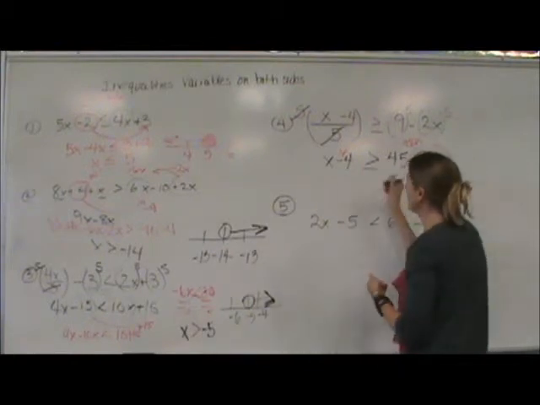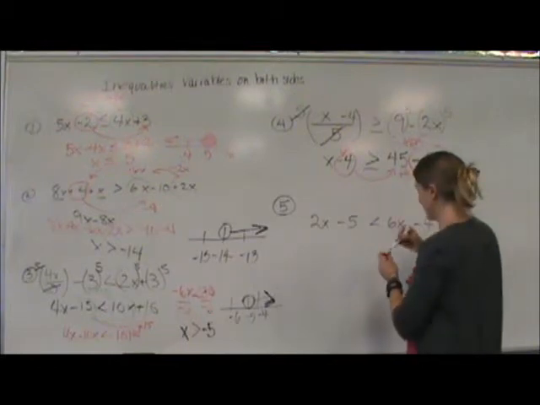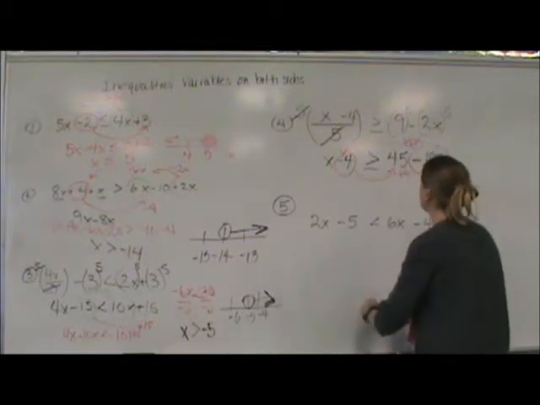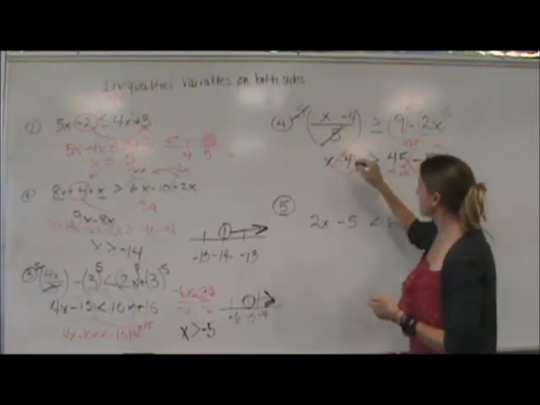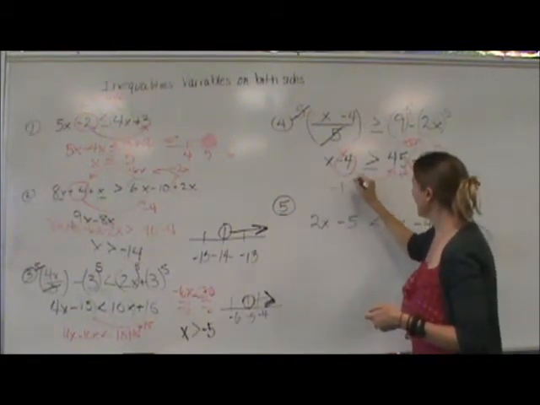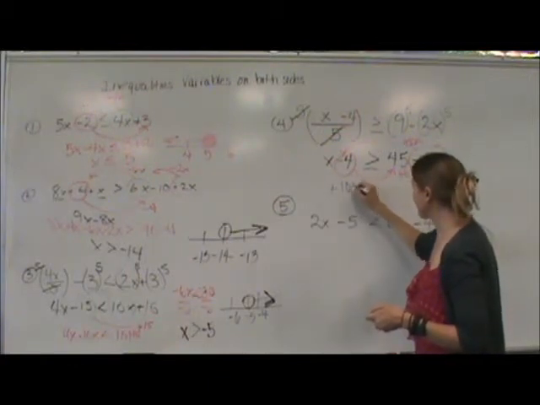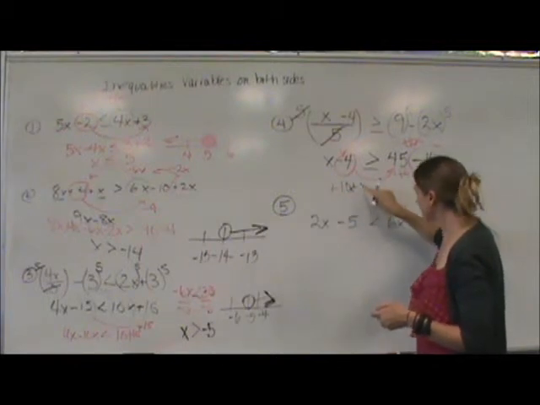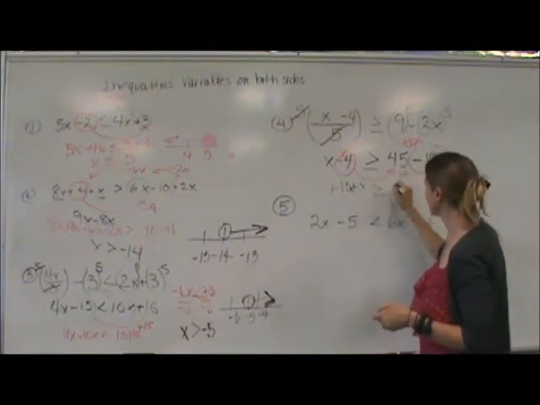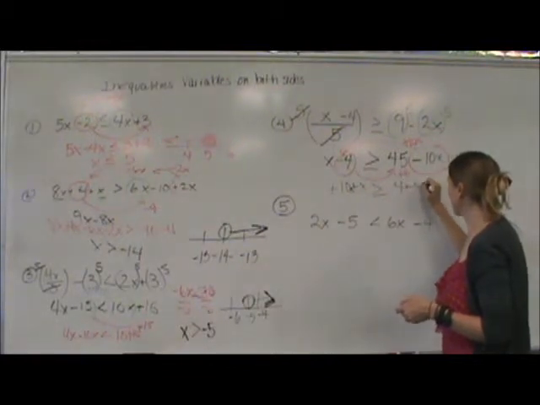I'm going to move this negative 4 over and make it positive 4 on this side. So when I bring this over, I'm going to get positive 10x plus x is greater than or equal to 4 plus 45.